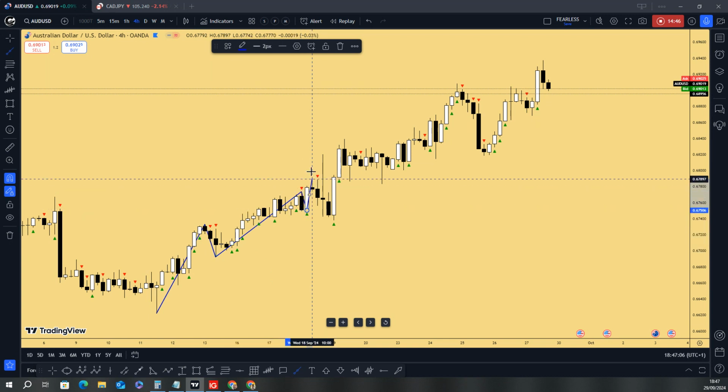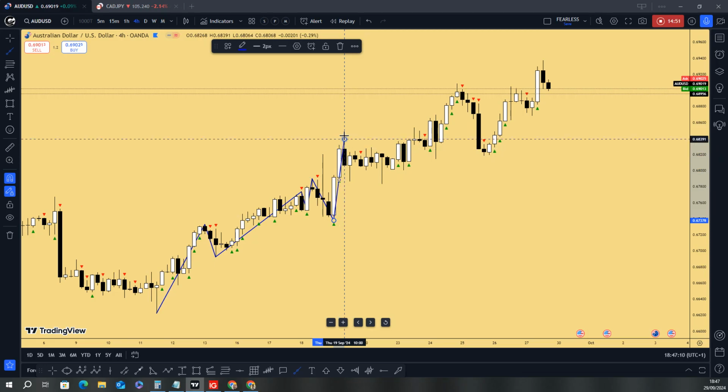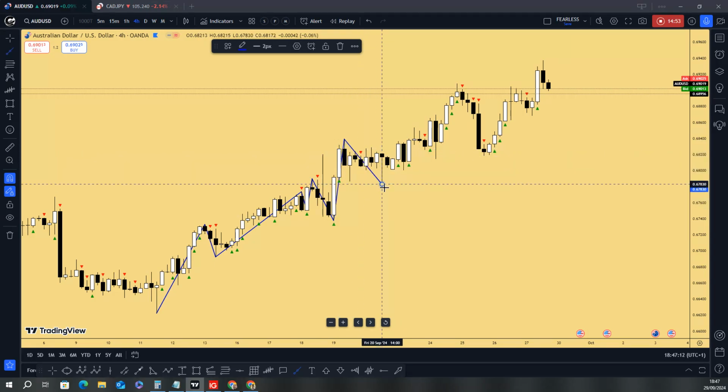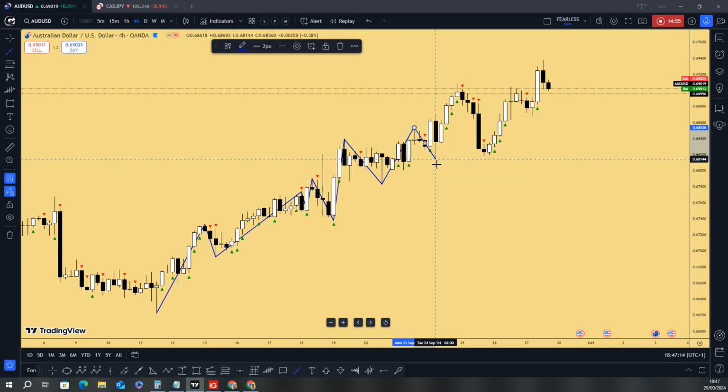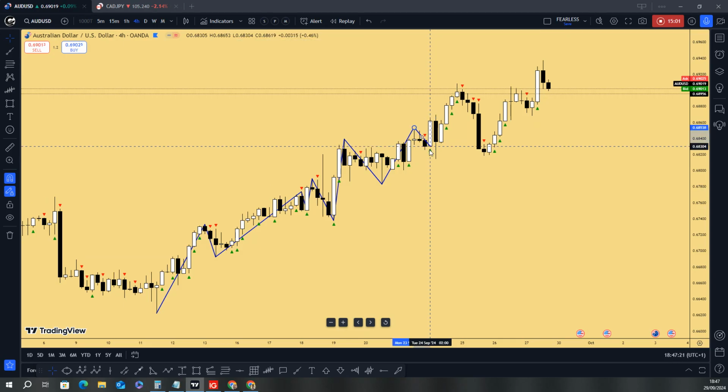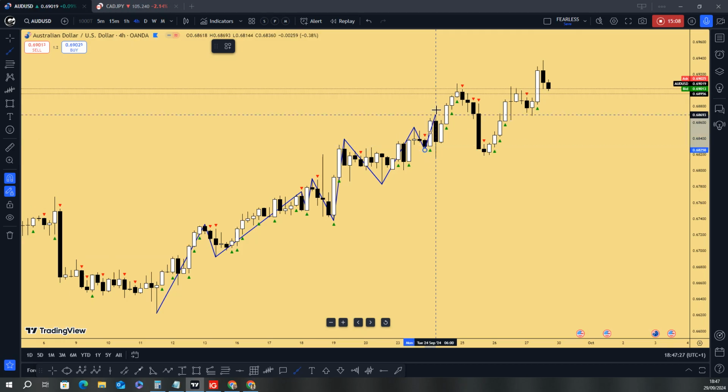That one is interesting. Just one candle pullback, but it is valid. No, we have a high here. Okay, that is correct actually.